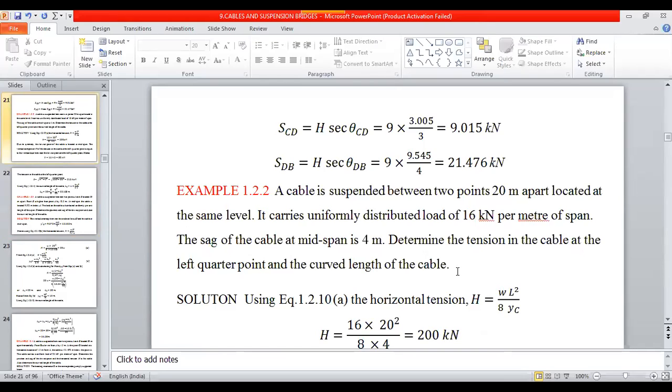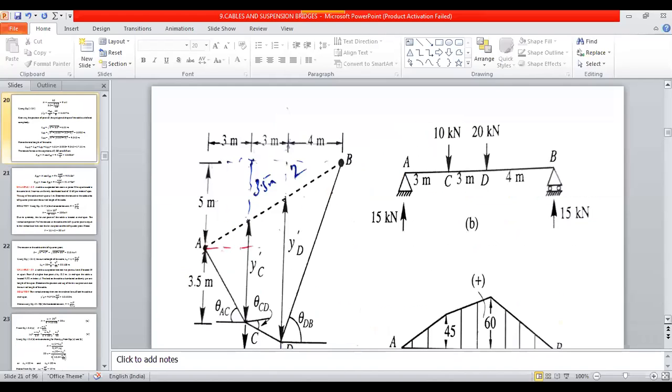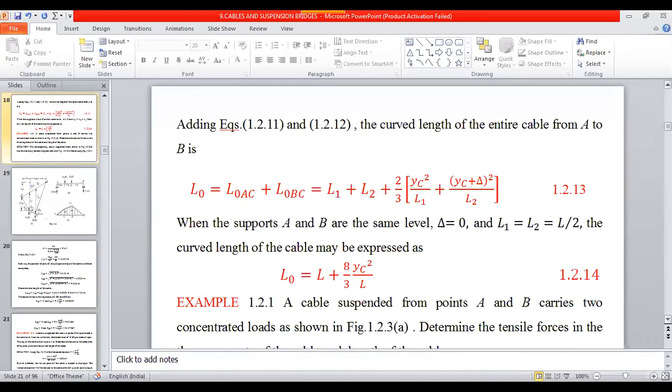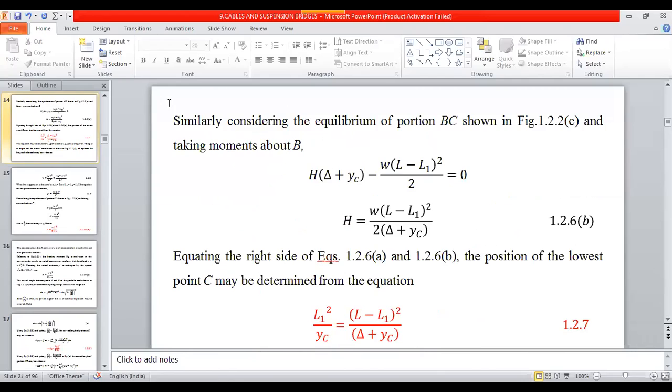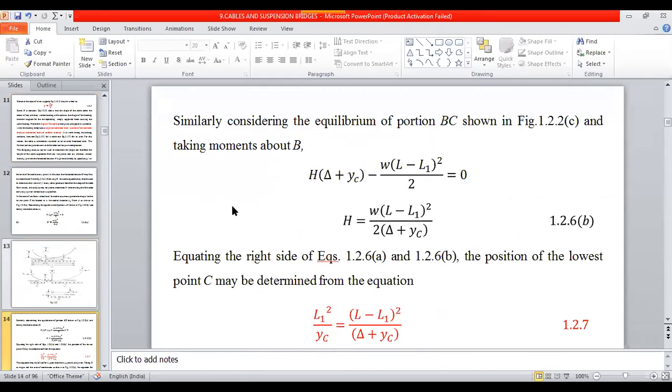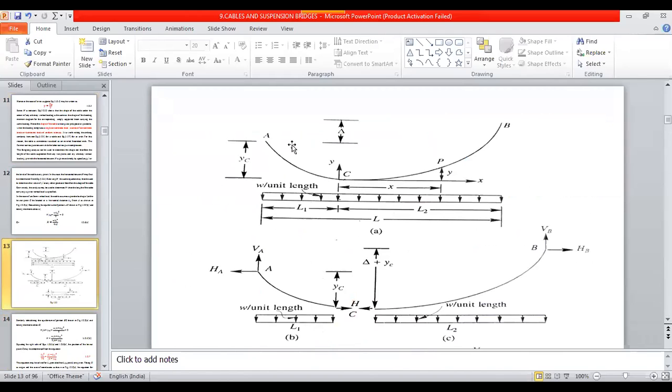Let us draw the figure. Same. Draw two supports A and B, and draw a curve like a half-moon shape downward, carrying a uniformly distributed load. Let us see this one.